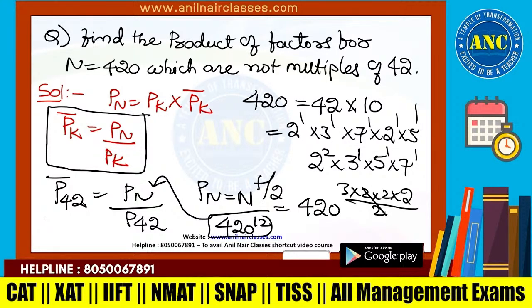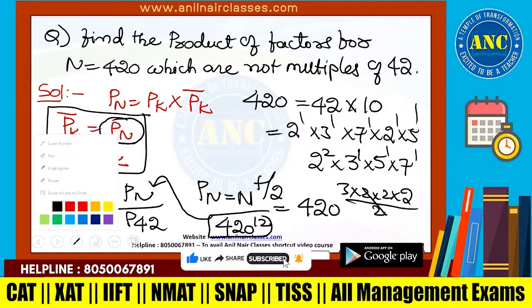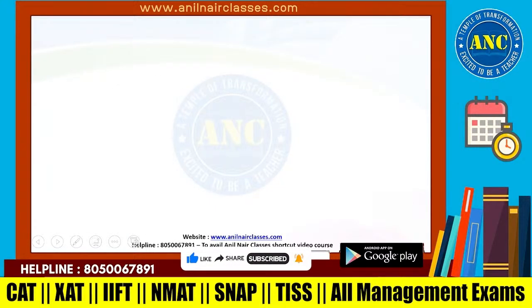Find the product of factors for 420 which are not multiples of 42. Till here only Pn we found out. If we do Pk, then we will be able to solve the question. Now see here, how to do P42?